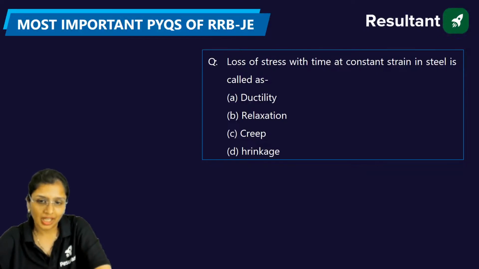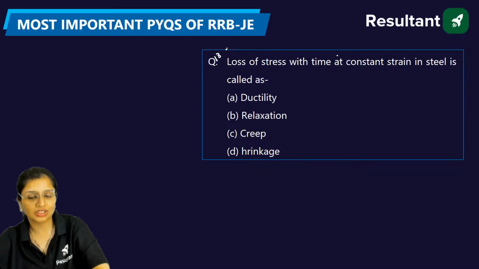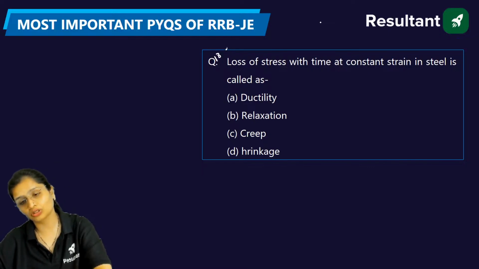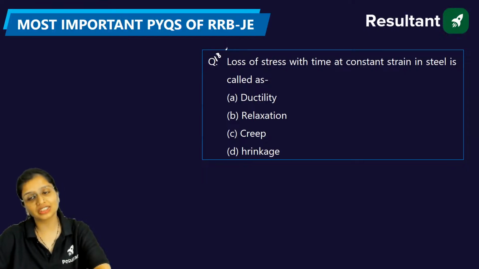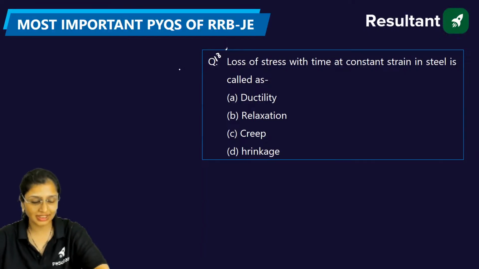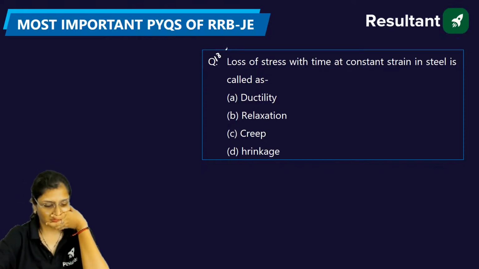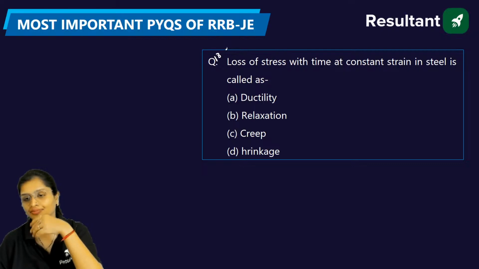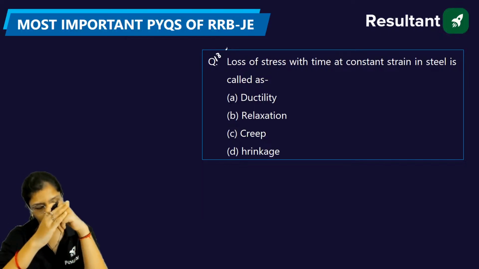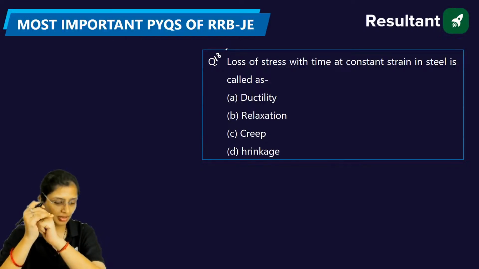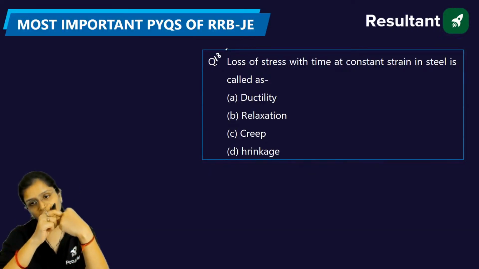Question number 18. Loss of strength with time at constant strain. This question I have made you solve before also, twice and thrice. It's a very popular question which has been asked. Loss of stress with time at constant strain in steel. Now, creep is a time dependent phenomenon.